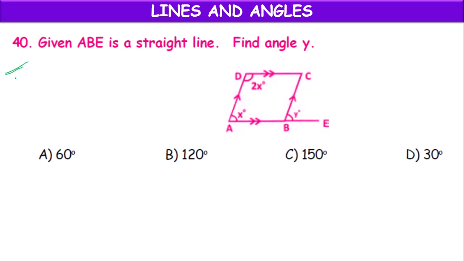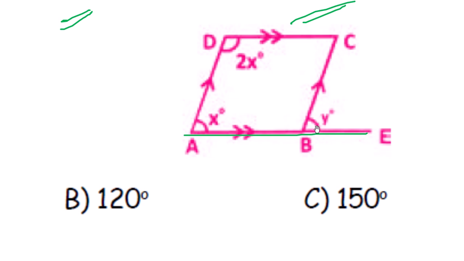Next 40. Given ABE is a straight line, find angle Y. We have to find the value of Y. So AB is a straight line, DC is parallel to AB, and AD is the transversal.